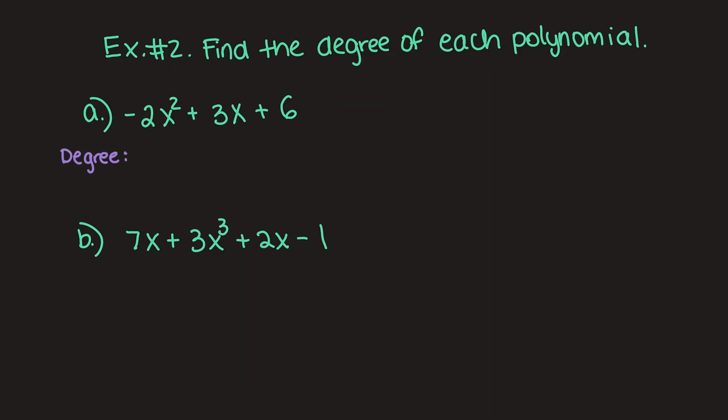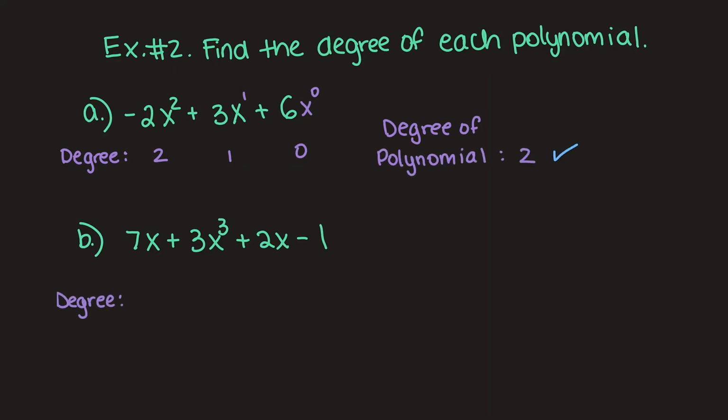So negative 2x squared has a degree of 2, 3x has a degree of 1, and 6 has a degree of 0. So the degree of the entire polynomial will be the highest degree of the terms. Since 2 is the highest degree, the degree of the polynomial is 2.